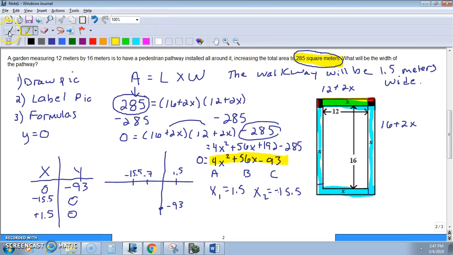So coming back here, in my little graph here, I'm going to go negative 289. My negative 93 should be up here then, just to make things look a little bit better.